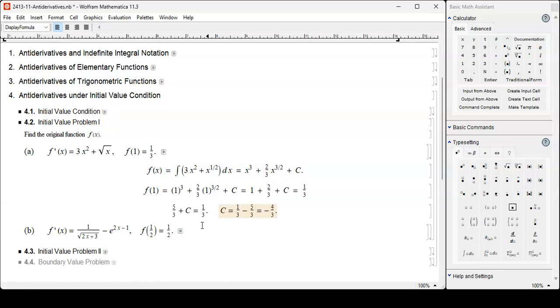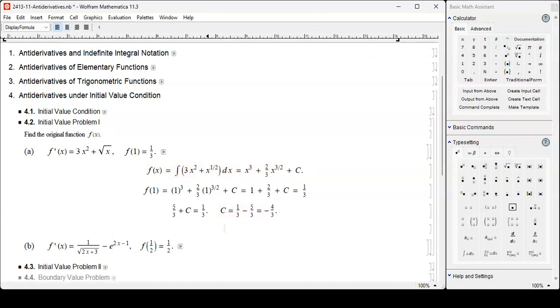So negative 4/3. But be careful, this is not the answer. This is not the answer. Answer is right here. You want to find out f of x, so right here, where c value is now determined. So you can write your final answer like this.